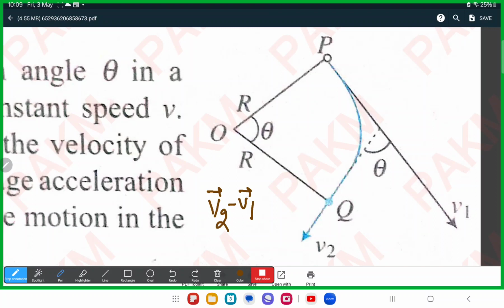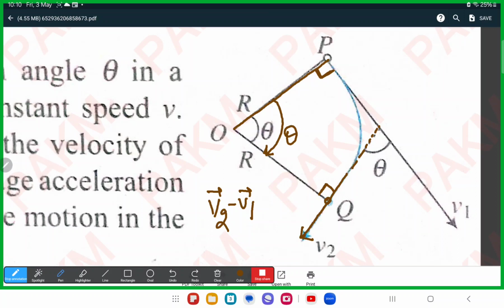What is v2? This is my v2 vector. The important and interesting part is that the radius makes an angle of 90 degrees with v1, and here as well the radius makes 90 degrees with v2. So whatever amount of rotation the radius has taken, the same amount of angle will form between these two velocity vectors.